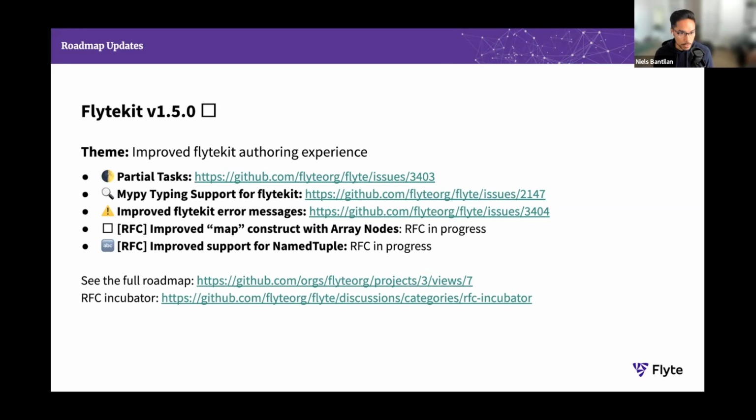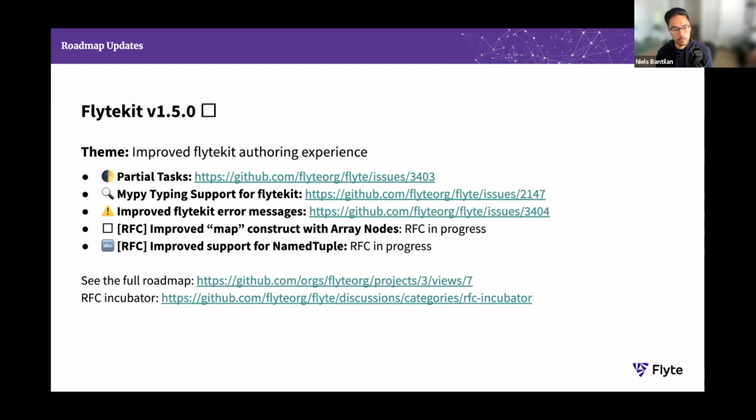I'm super excited for these next two. We're not committing to completing these things this release, but we just wanted to call out to the community that we are starting to work on first, an improved map construct with array nodes. This is something that we're going to create an RFC for.